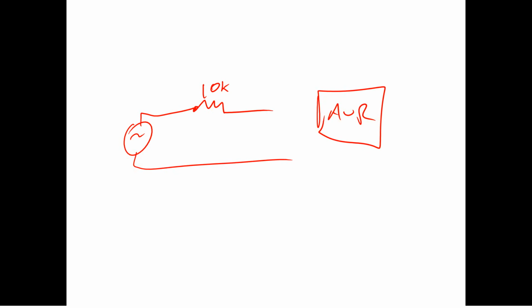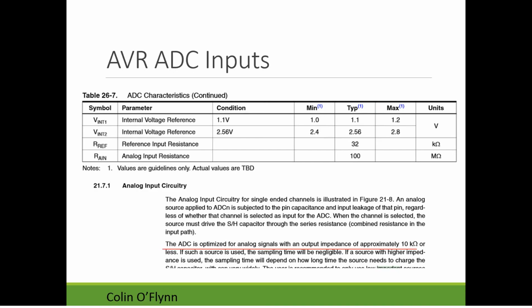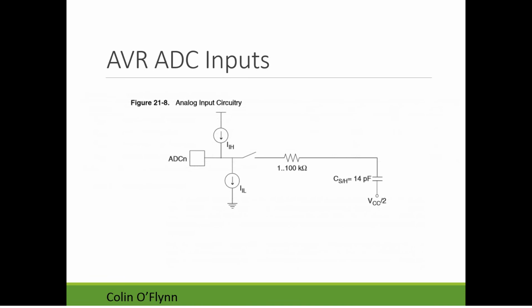And why they say this is that the AVR itself internally has what's effectively a large series resistor that charges a capacitor. And this resistor can be up to equivalent to like 100K or something like that. And it'll slowly charge this capacitor, and it's at this point that the ADC is measuring the voltage.